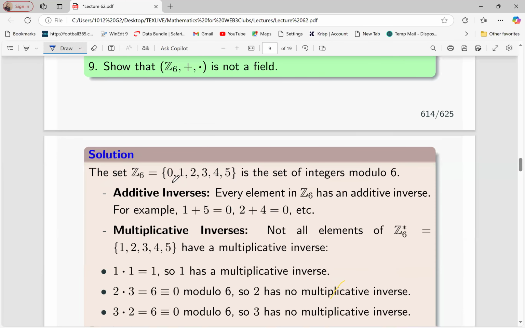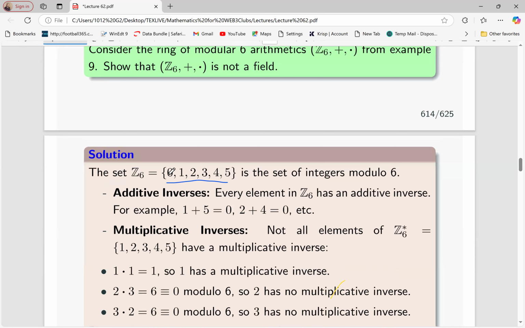These are the elements of Z6. Closure will be satisfied under addition. Let me see. 4 plus 5 will be 3, and 3 is here. 4 times 5 would be 2, of course, we are doing it mod 6, and 2 is here.